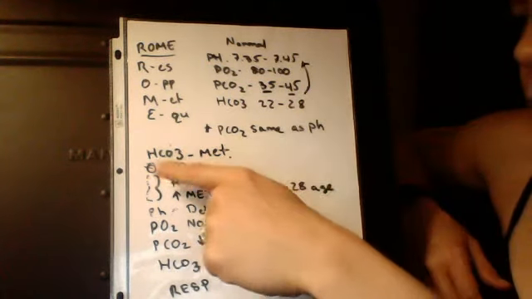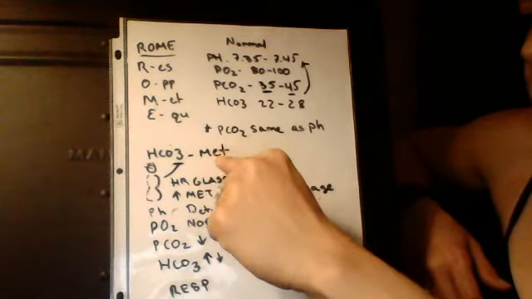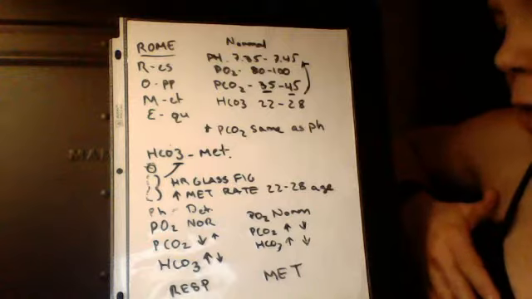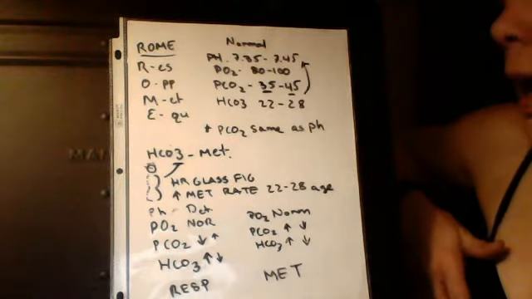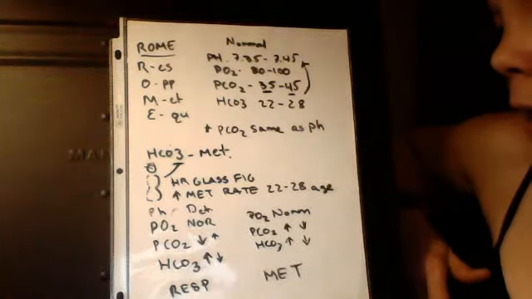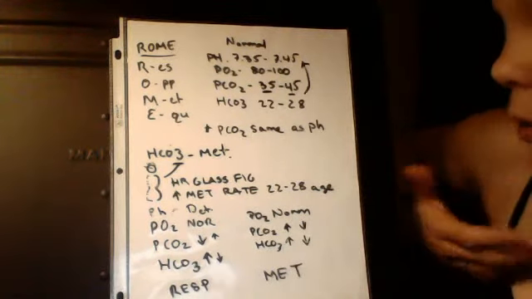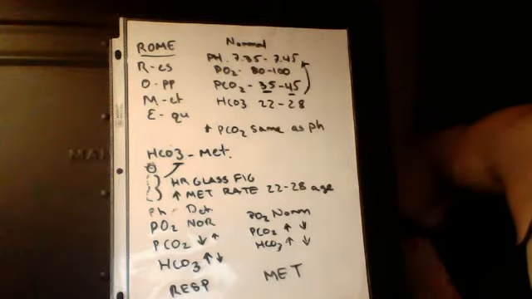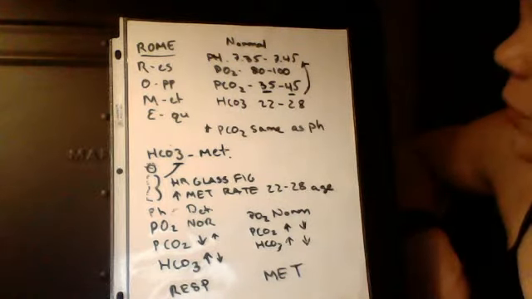And the way I remember this is that your metabolism is pretty fast at 22 to 28 years of age, and then take that 3 and just turn it into an hourglass, and you'll find your hourglass figure. And a high metabolic rate from ages 22 to 28.